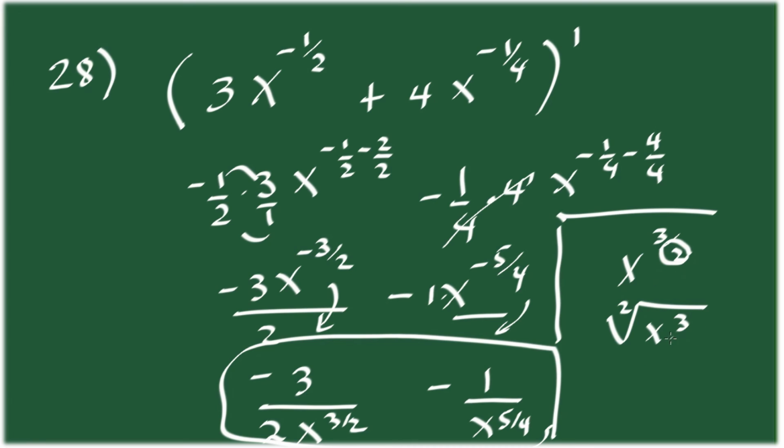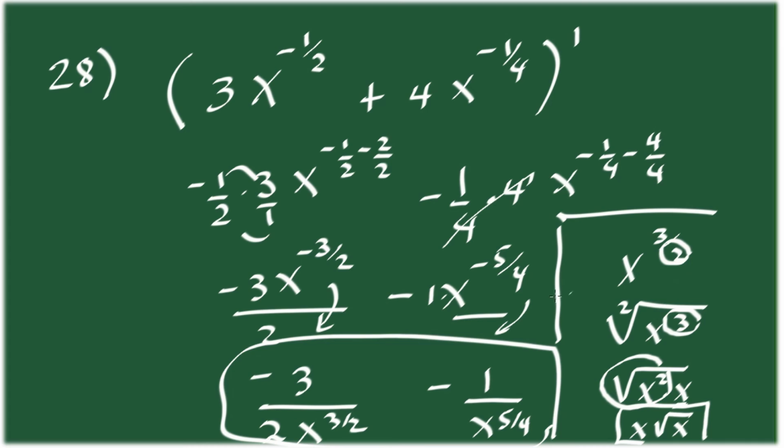This can be simplified further because the exponent inside the radical is bigger than the index. So we split the x cubed into x squared times x, then extract the square root of the x squared, which is x, and the remaining variable x stays inside the square root.